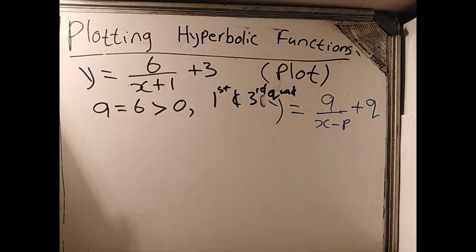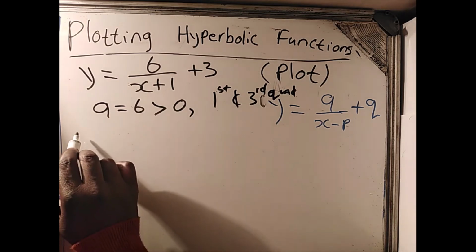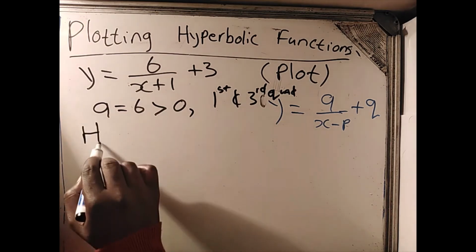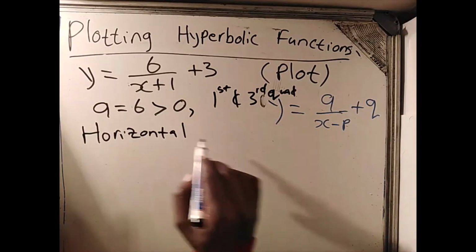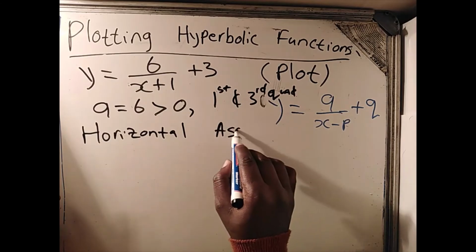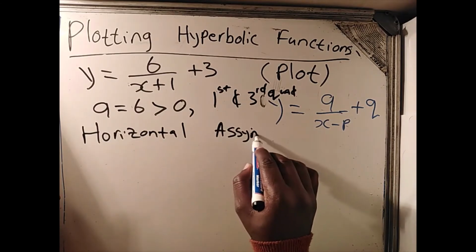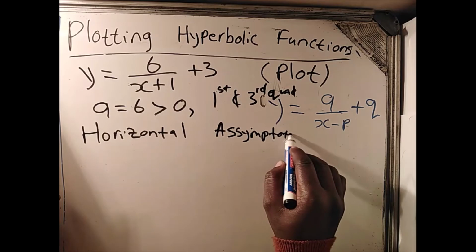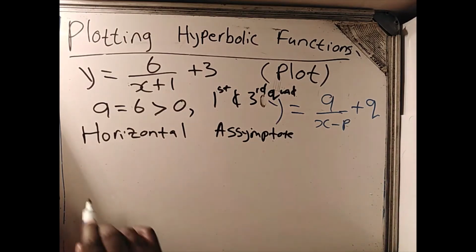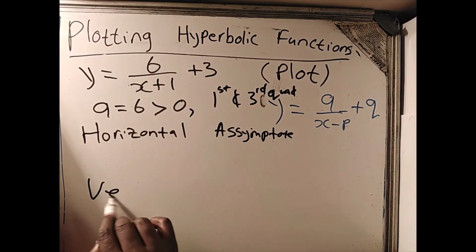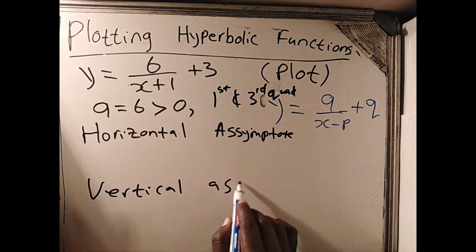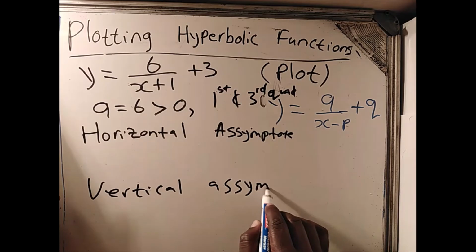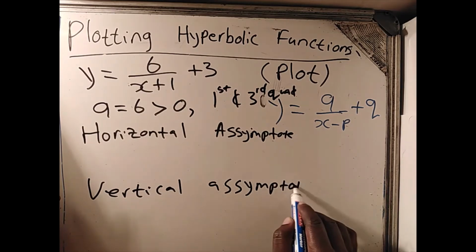The first is the horizontal asymptote, and then there is the vertical asymptote.